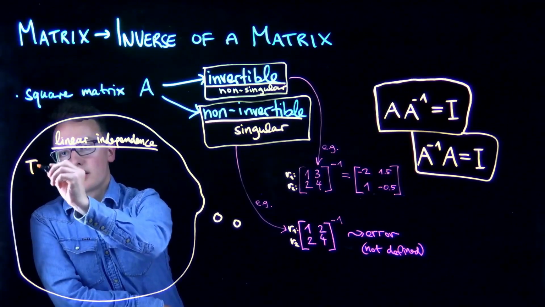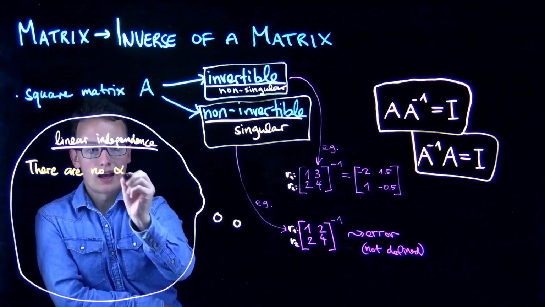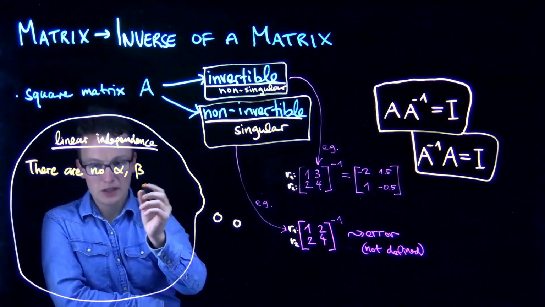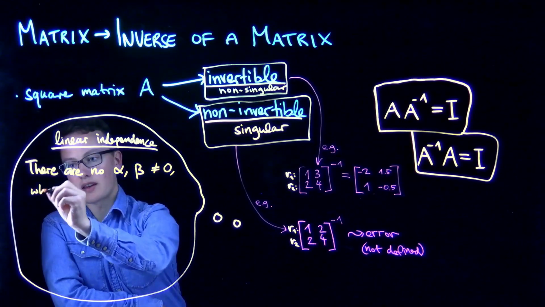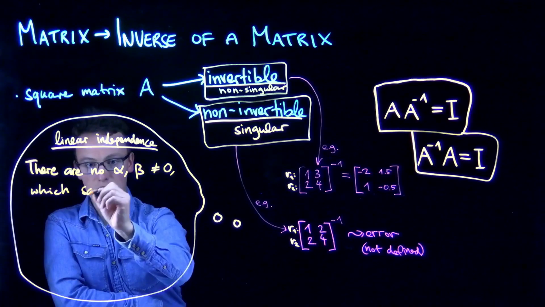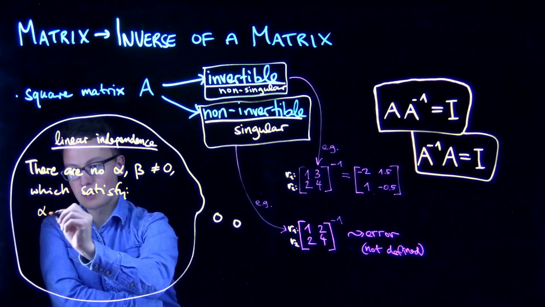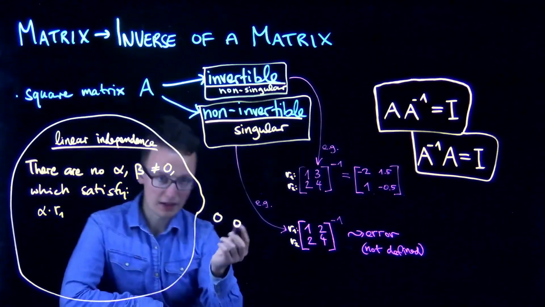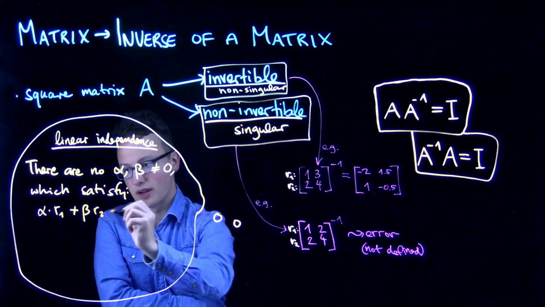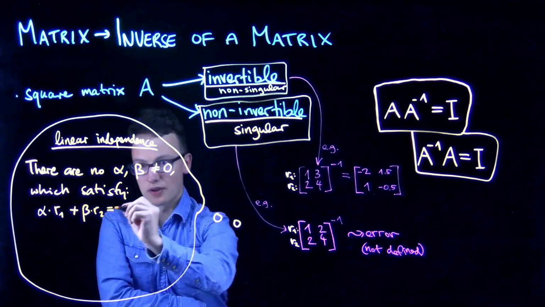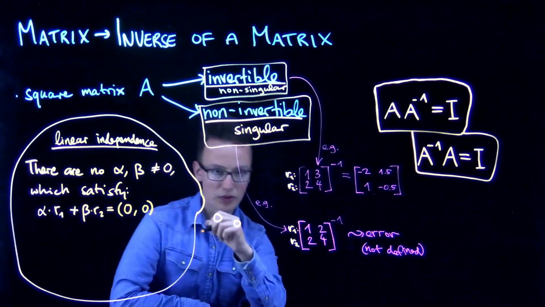If there are no values alpha and beta whatsoever, which are not 0, which satisfy that alpha times row 1 as a vector plus beta times row 2 as a vector is equal to the 0 vector, which in this case is just the vector 0, 0 for 2 dimensions.